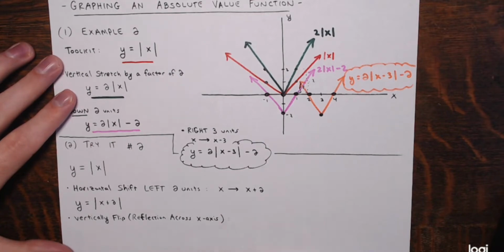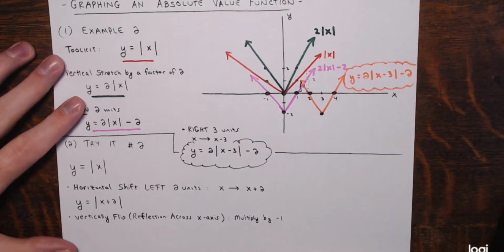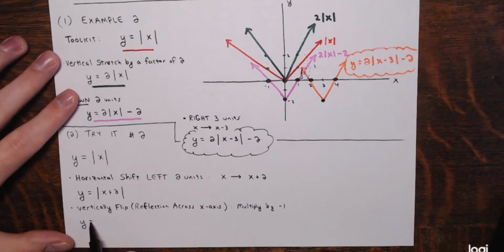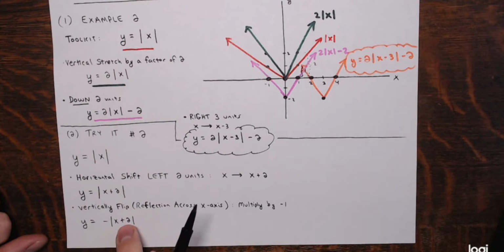Again, I'm hoping you remember how to do this. You just multiply the rule by -1. It's that simple. You don't replace x with anything. You just take the previous rule, the absolute value of x plus 2, and then simply multiply it by -1. Throw a negative sign in front of it. So the graph of this function will be the graph of the previous function flipped over the x-axis.